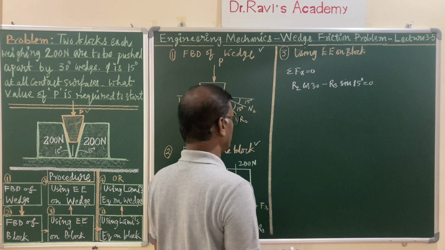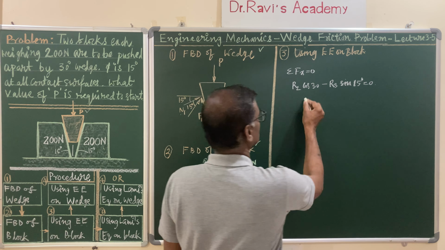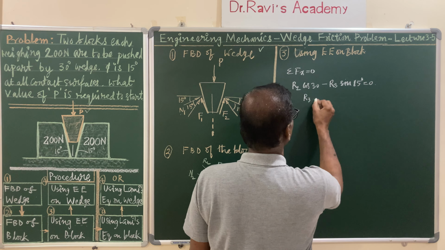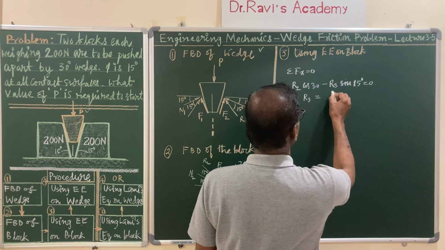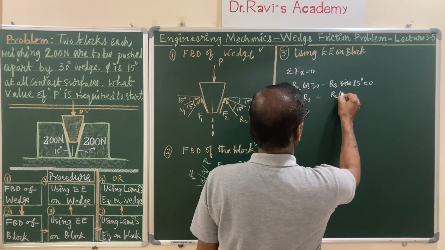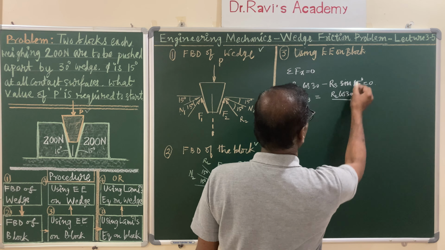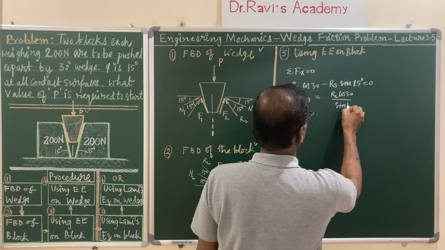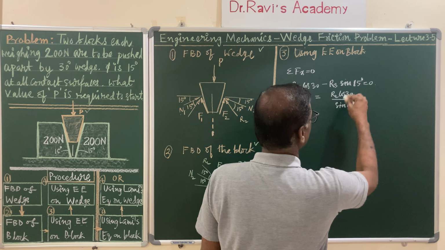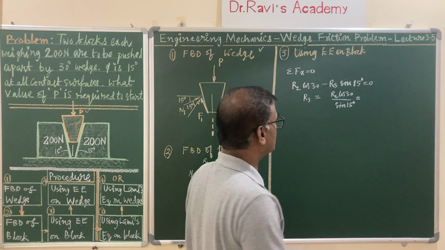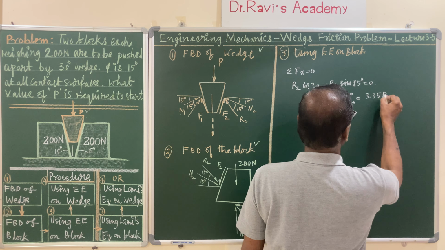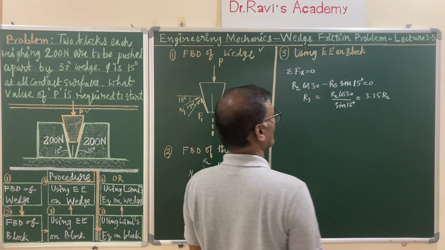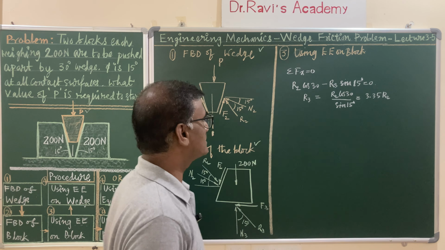So solve for R3. Taking it to the other side, R3 is equal to R2 cos 30 divided by sine 15 degrees, and using your scientific calculator you get 3.35 times R2.